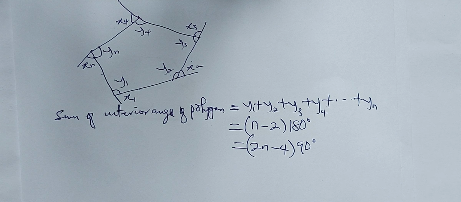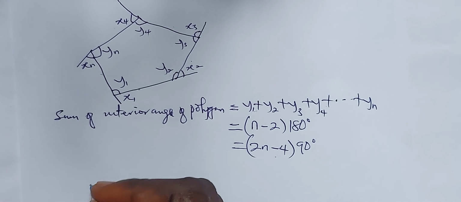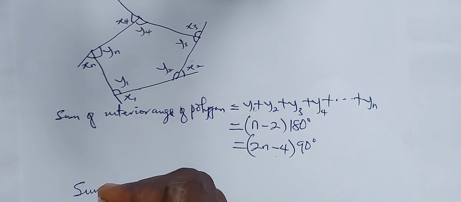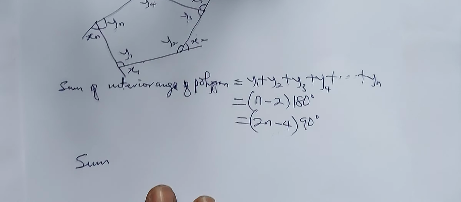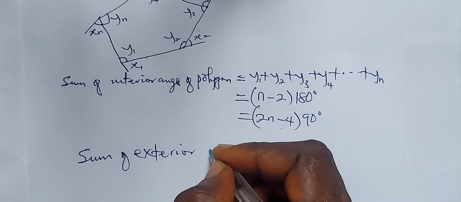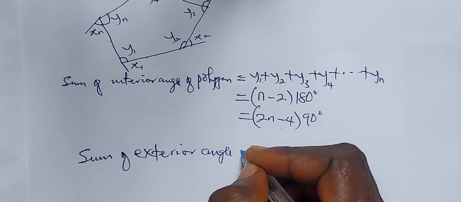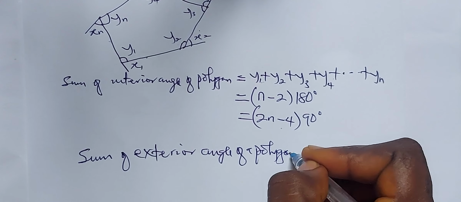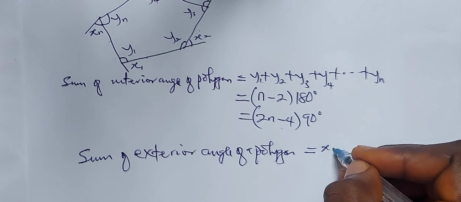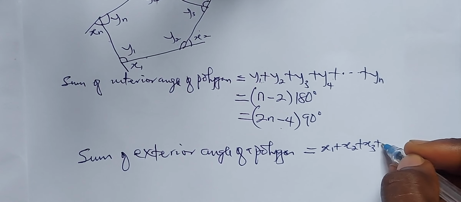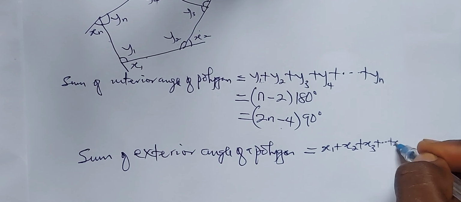When you have it like this, you now have the exterior angle sum. The sum of exterior angles of a polygon equals x1 plus x2 plus x3 plus ... plus xn.